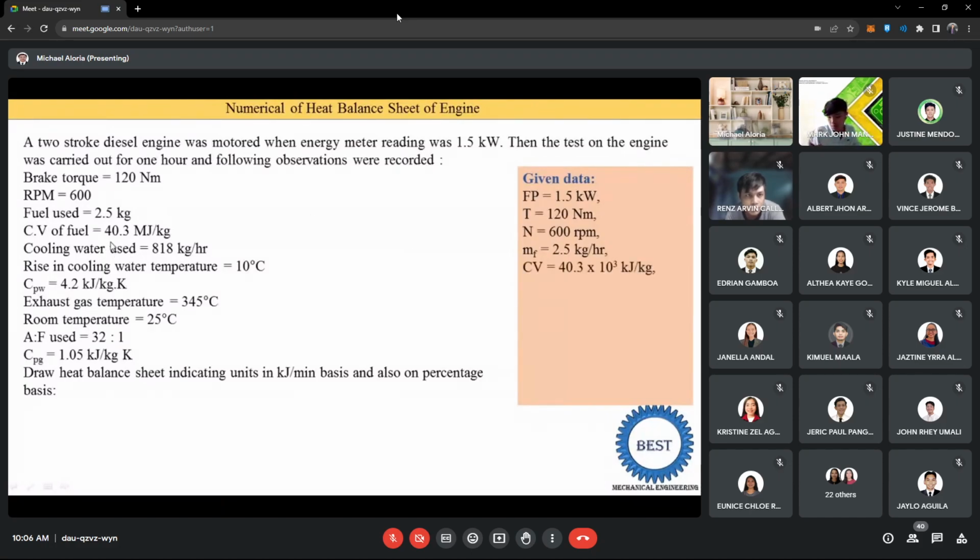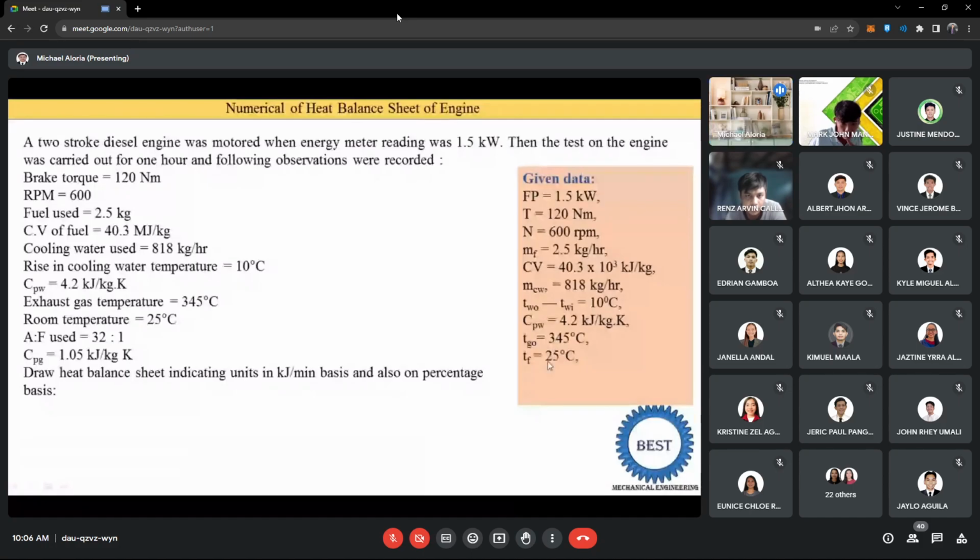Then CV, calorific value, is 4.30 into 10 raised to 3 kilojoule per kg. Cooling water used, m_cw, is 818 kg per hour. Cooling water temperature difference, outlet temperature minus inlet temperature of water, is 10 degrees centigrade. Specific heat of water is 4.2, exhaust gas temperature T_go is 345, room temperature T_a is 25 degrees centigrade.